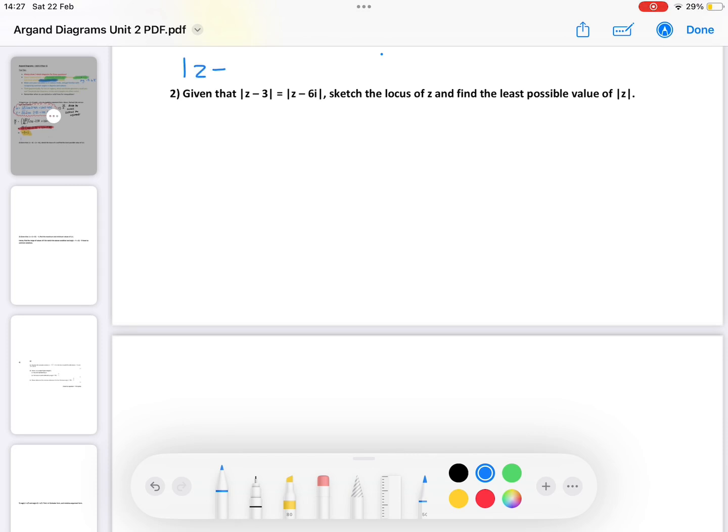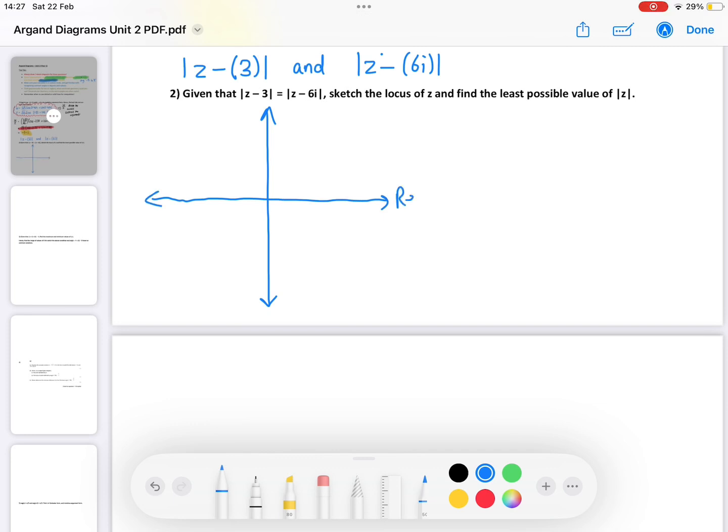As z minus 3 and z minus 6i, because that just highlights to us that when we draw our Argand diagram sketch, as we should, with our real and imaginary axes, then we are looking for where positive 3 and positive 6i, not the negatives, even though we have z minus 3.